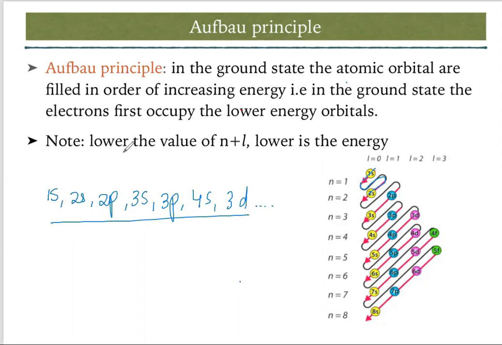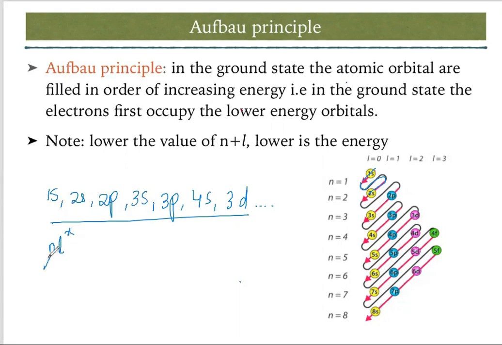Next: the lower the value of n plus l, the lower the energy. How do you know it's n plus l? In this case, these orbitals are written in terms of one simple formula, n l to the power x.